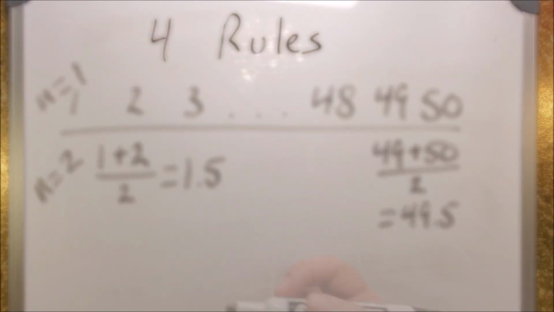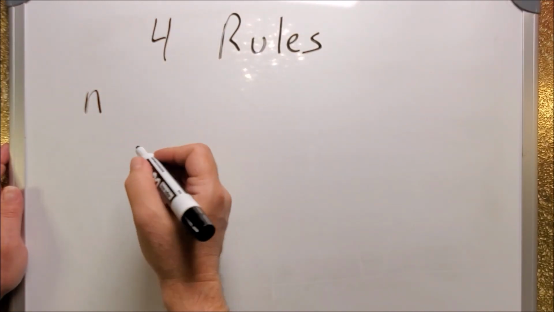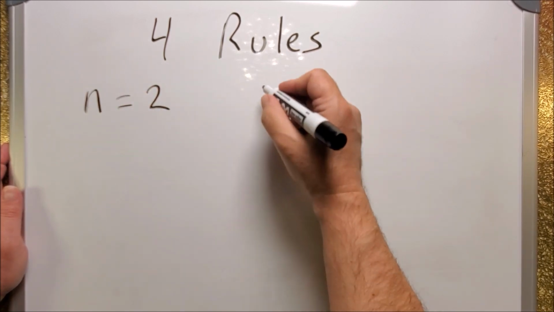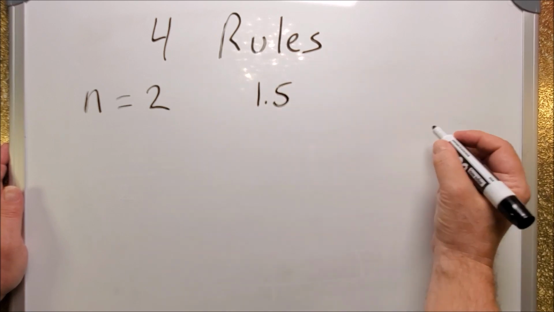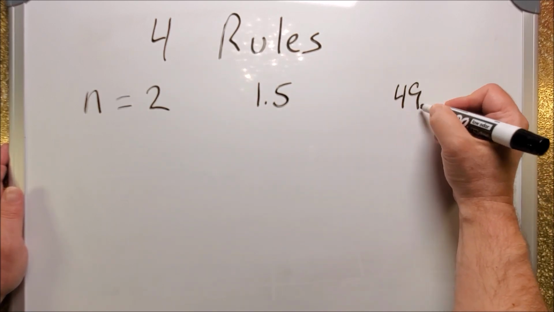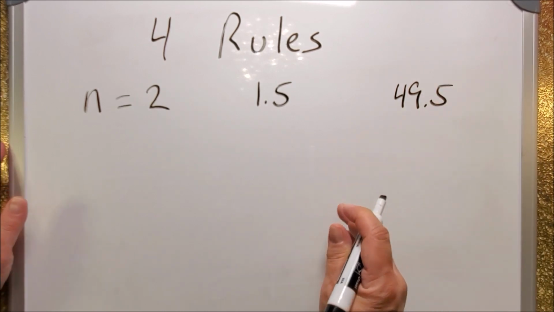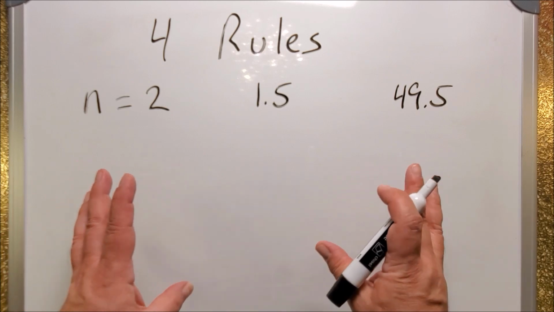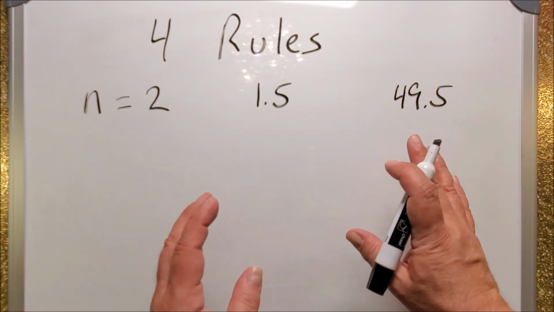Something else happens. Not only do our max and min change when we have a sample size of 2, the minimum goes from 1 to 1.5, the maximum goes from 50 down to 49.5. Not only does that happen, but there's the rapid multiplication of the number of elements.